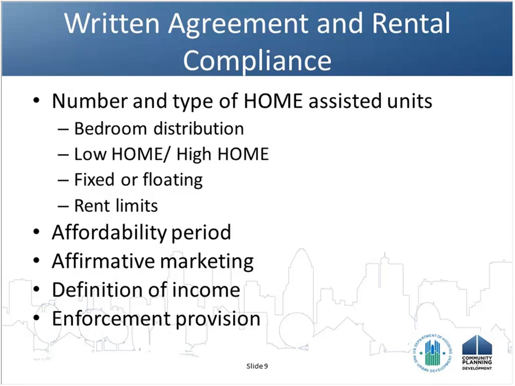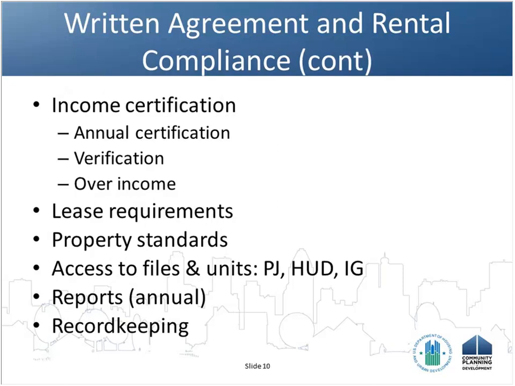So we're going to be talking about the fact that there'll be a deed restriction or a land covenant in place. There may be language about the steps that the PJ can take as part of their enforcement of the written agreement. Other things that would be included, we're going to be spending quite a bit of time talking about how we determine, do we actually have an income eligible household?